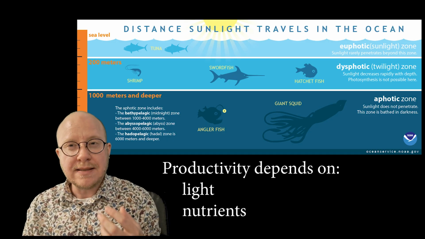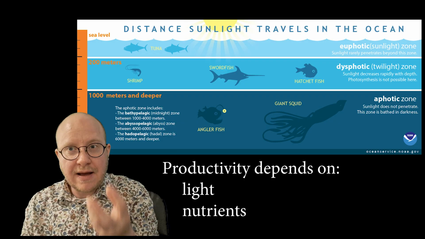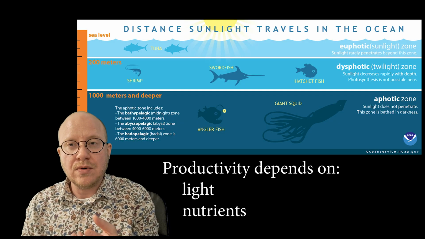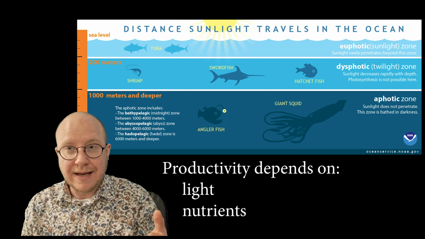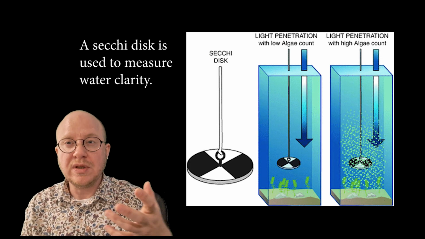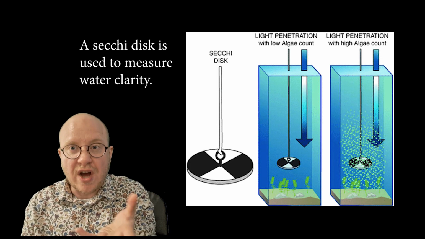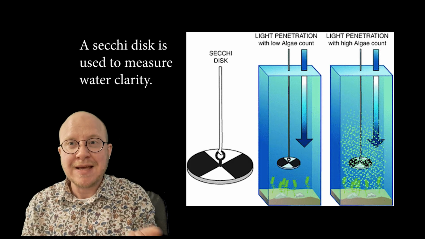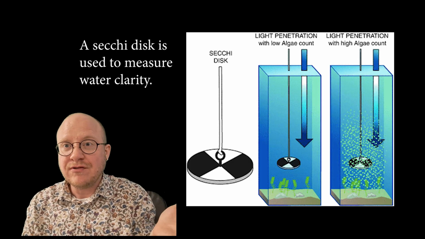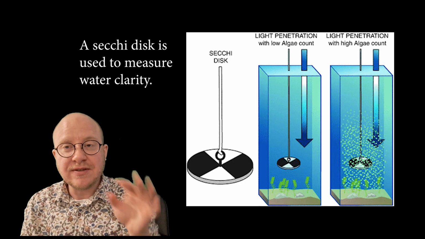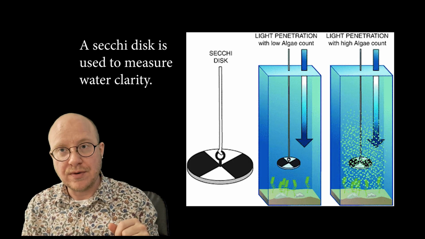Okay, so why does the sunlight have a harder time getting in through more productive areas? Well, more productive means there's more phytoplankton. So the water is really full of all this stuff. It's dark. It's full of nutrients, it's full of phytoplankton, it's full of zooplankton, it's full of fish. There's stuff in it, so the light has a harder time getting through.